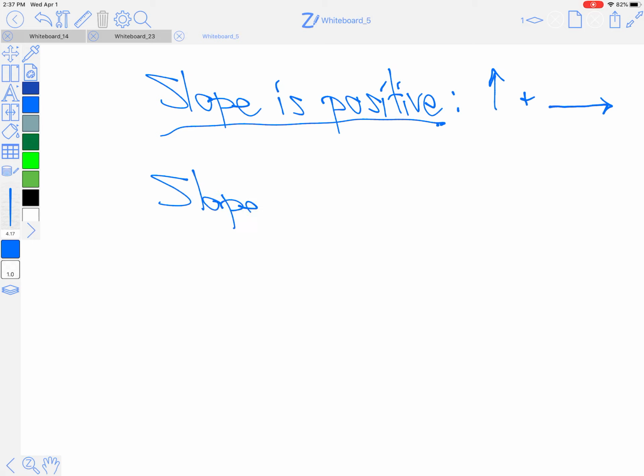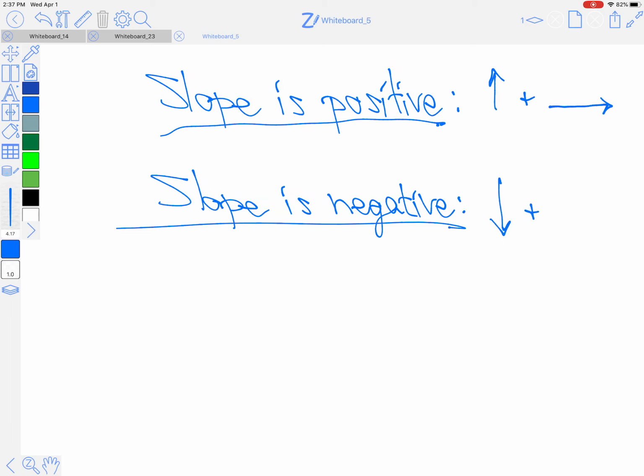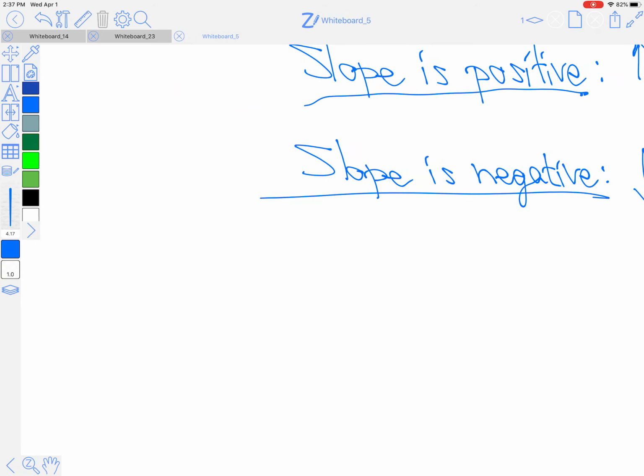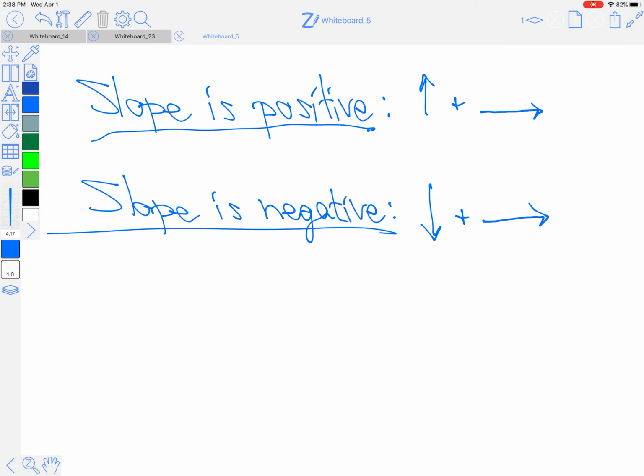If my slope is negative, I'm going to count down and still right. One of the mistakes that people make when they're just beginning with slope is they think, oh, if positive is up and right, negative must be down and left.